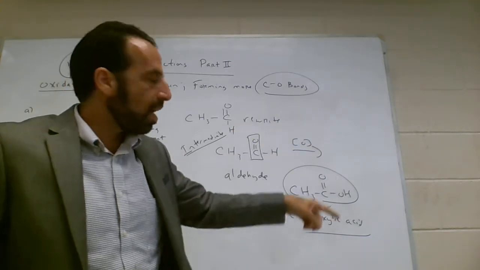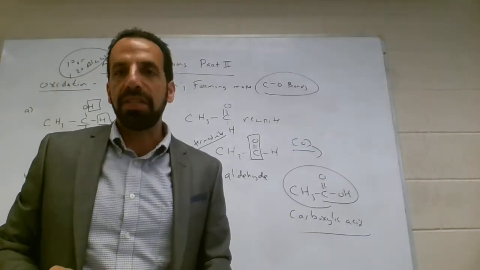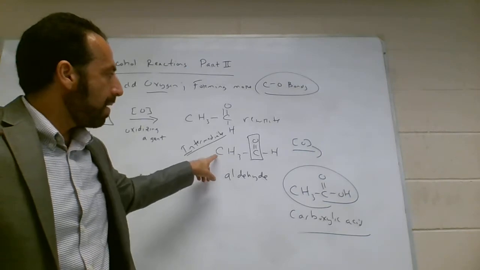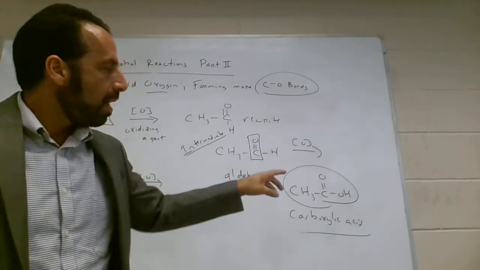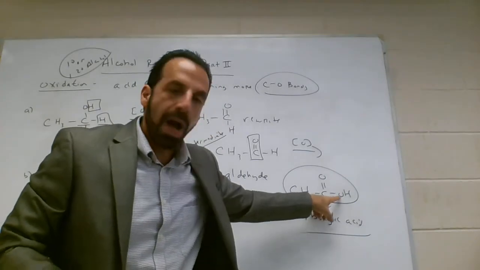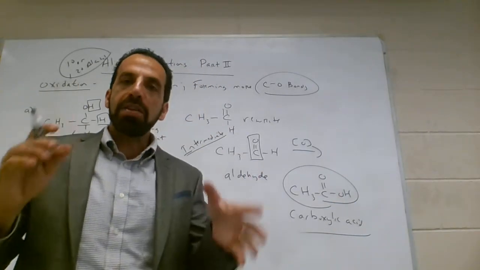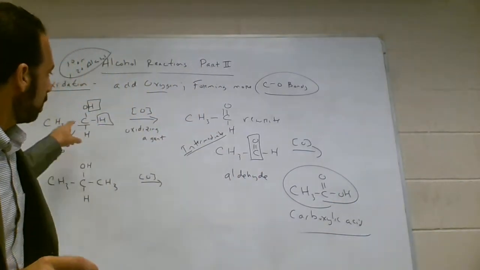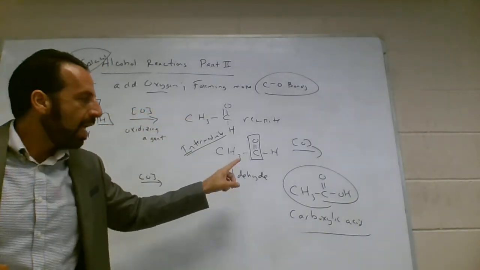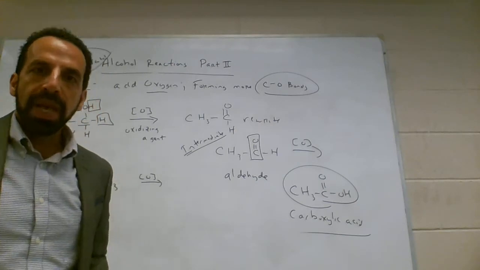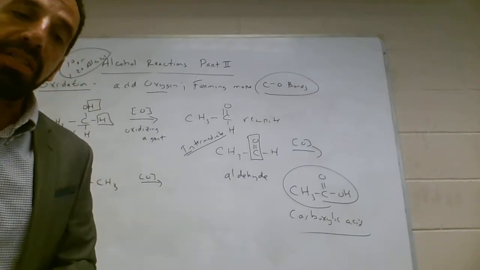Almost always it oxidizes further into carboxylic acids. There is a way to stop it at the aldehyde, but for the most part, it goes to form carboxylic acid. Again, I have another carbon-oxygen bond right there. So for oxidation of primary alcohols, I get the aldehyde, and then it oxidizes further into the carboxylic acid.